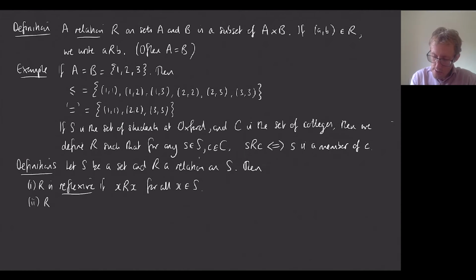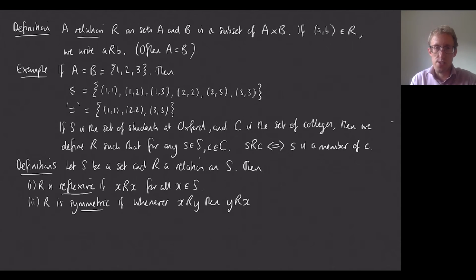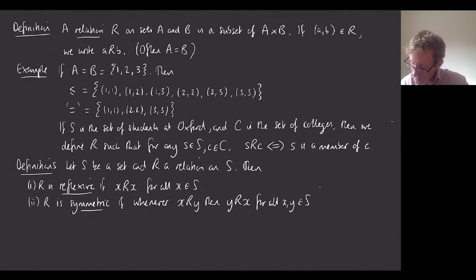The next one is that R is going to be called symmetric if whenever x is related to y, then y is related to x. Right, so the relation works both ways around, for all x and y in S. I might just try and squeeze in here that same thing written in terms of the symbolic notation that I was just talking about.